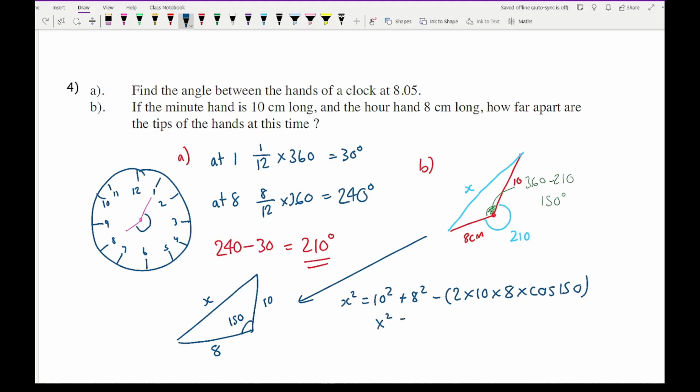If I just quickly type that in, that gives me an x squared value of 302.56406, and I want to square root that answer. So I get an answer of 17.4 centimeters, to 1 decimal place.